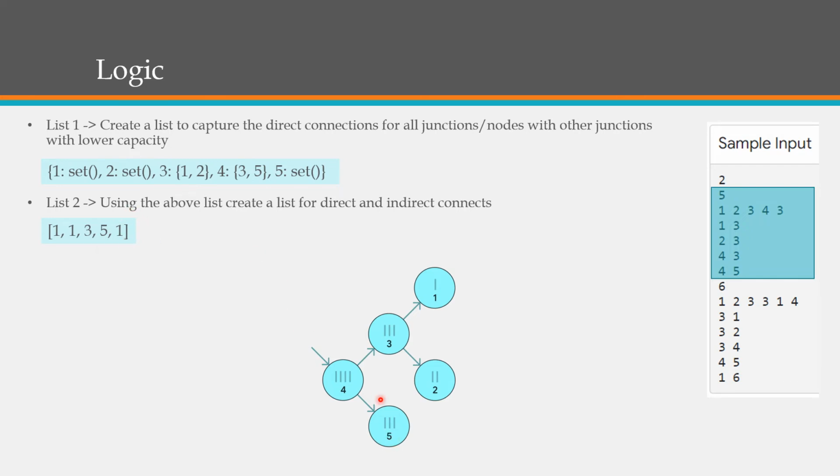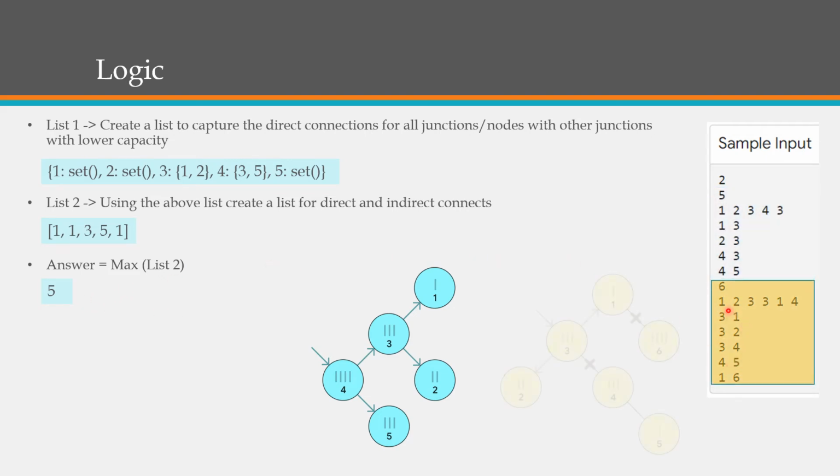From 5 power cannot go back to 4, that's why we have only 1. The sticks represent the capacity here. Based on the capacity, it cannot go from 5 to 4 because capacity is 4. Finally, once you've made this list, find the maximum of that list 2, which is 5, so the answer is 5 here.